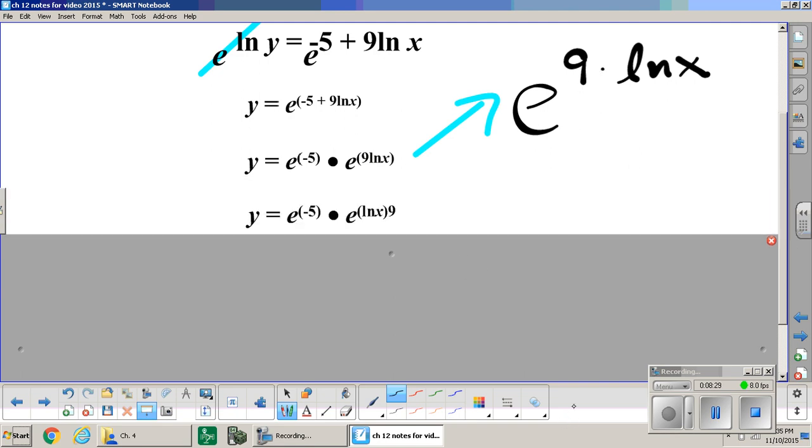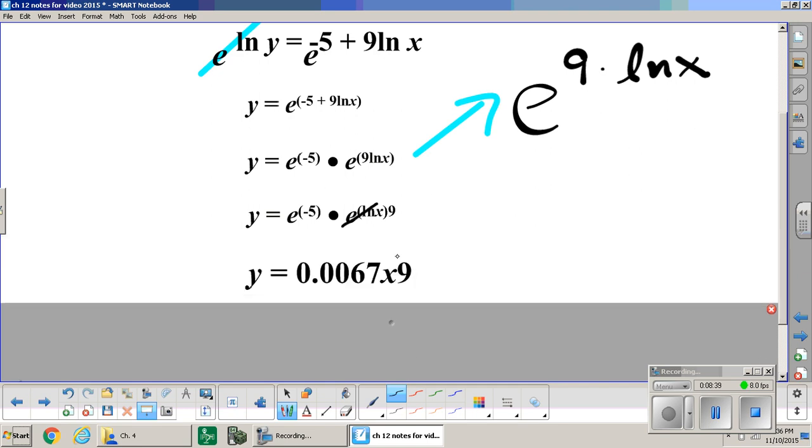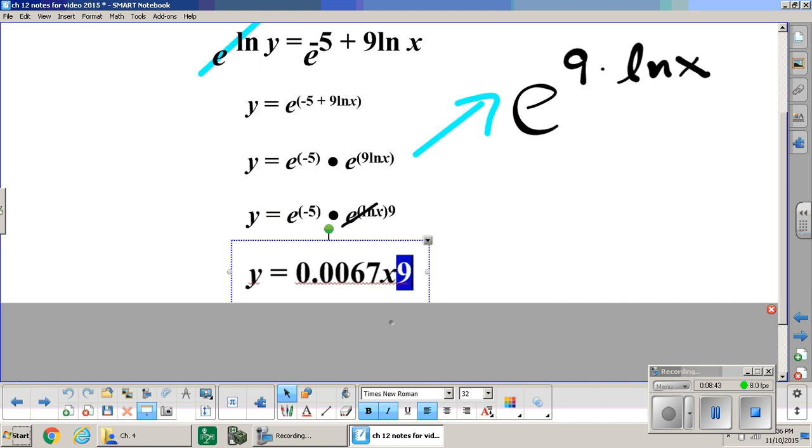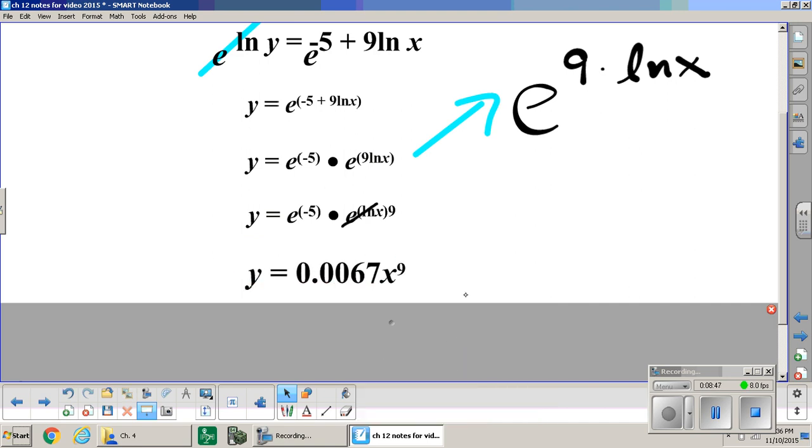You can rewrite it as natural log of x times 9. And oh, look, the e and the natural log cancel. So you have x, oops, that part should be an exponent. There. Because the e and the natural log have matching bases, they cancel.